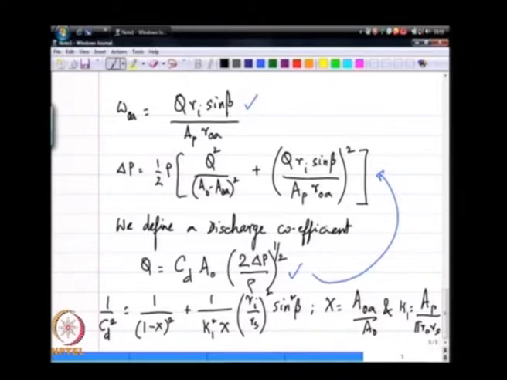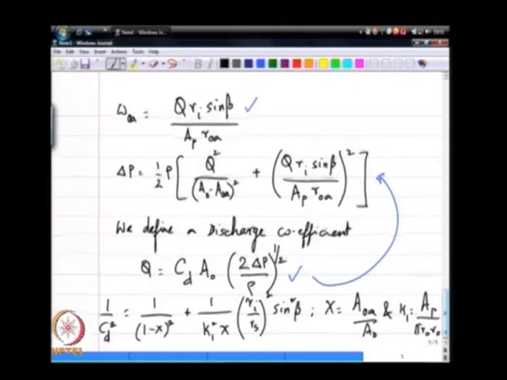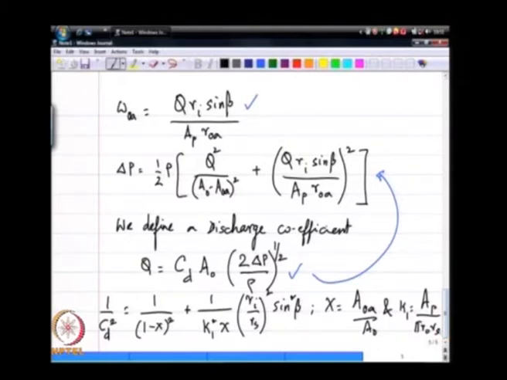X is A0a divided by A0, which is like the fraction of the cross sectional area that is occupied by the air core.